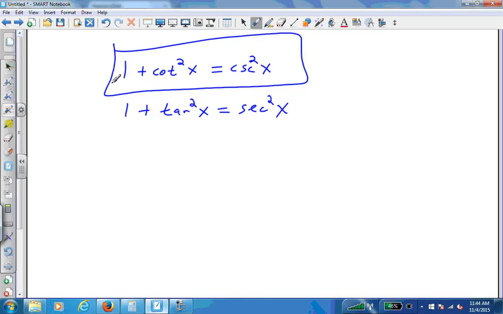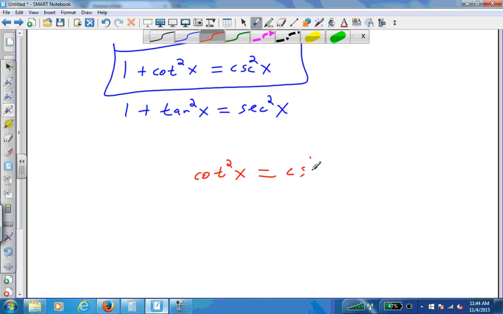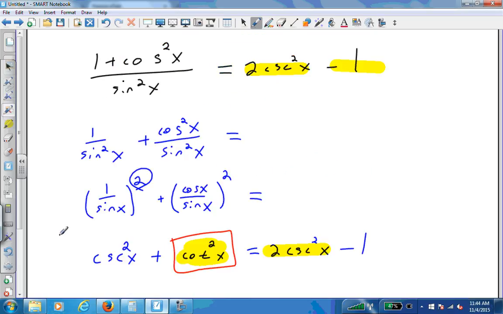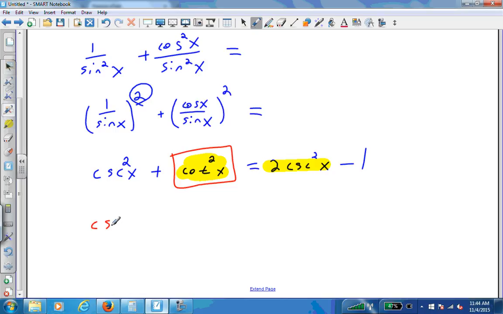So if we take this identity and solve it for cotangent squared, what's cotangent squared the same thing as? Cosecant squared x minus 1. Subtract 1 from both sides. Cotangent squared is cosecant squared x minus 1. So we already have a cosecant squared x.